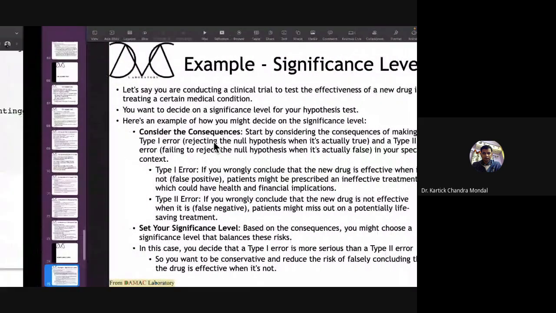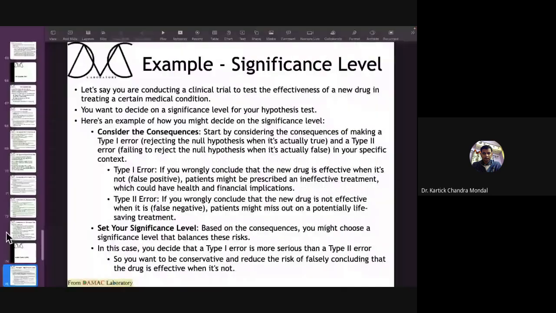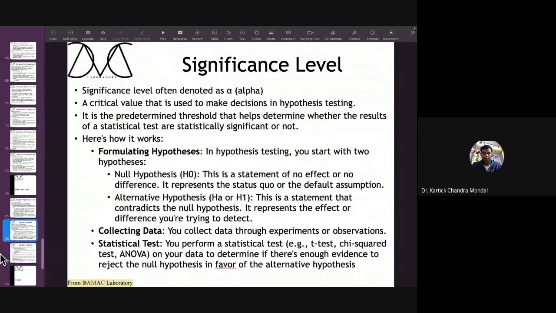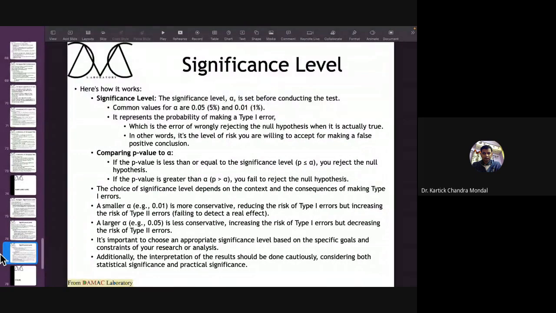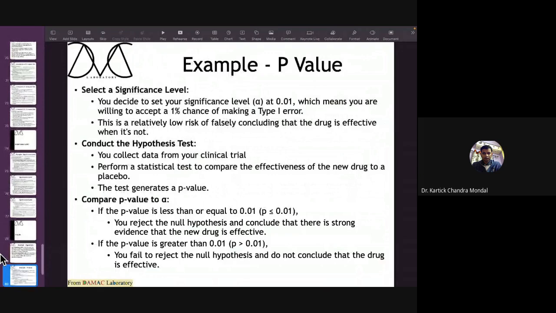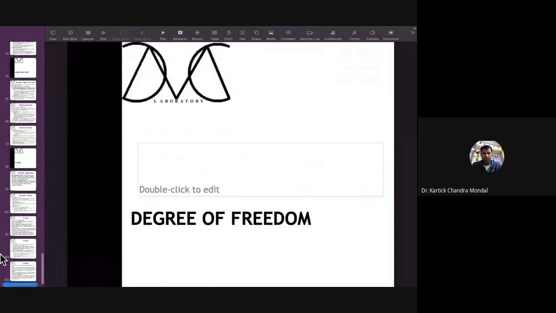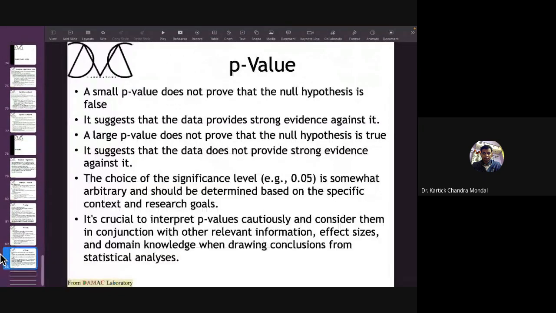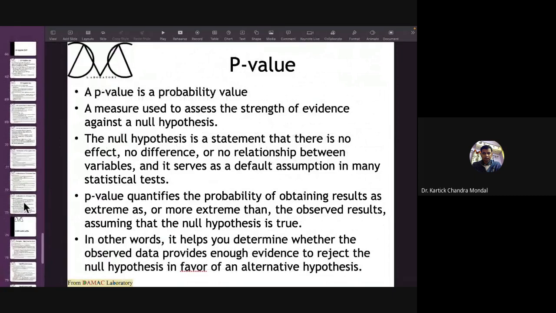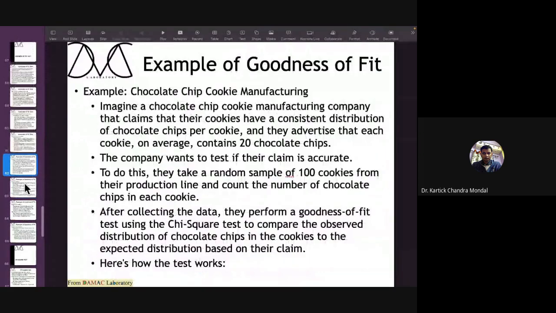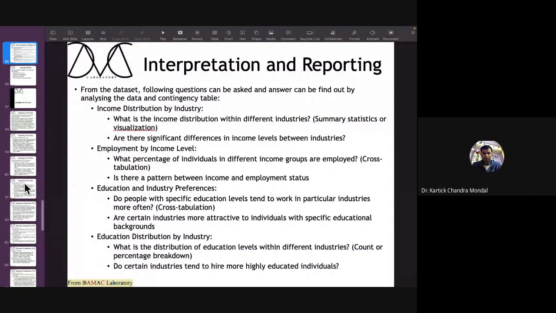So let's go with an example. I'm skipping this part, going into the main content of the example. Yeah, this one. Interpretation and reporting.